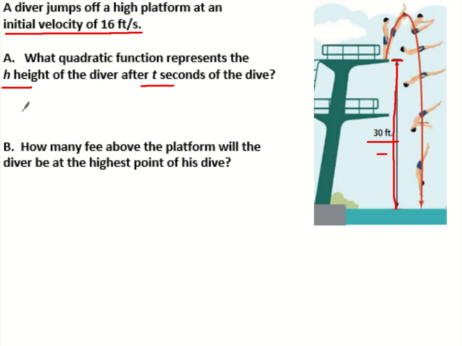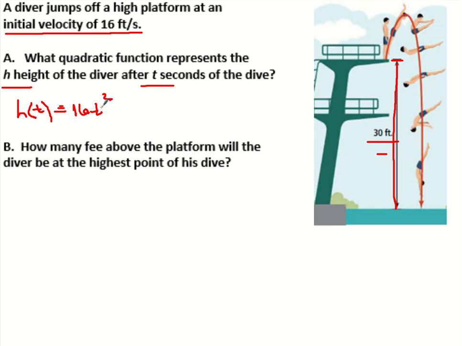So we know in the vertical motion model that h of t, of time, is equal to, and we always know the beginning is negative 16 t squared. Sorry, I used x out of habit, because t represents time in seconds.